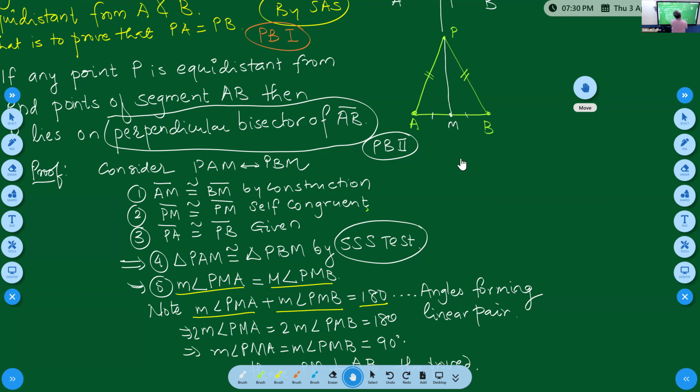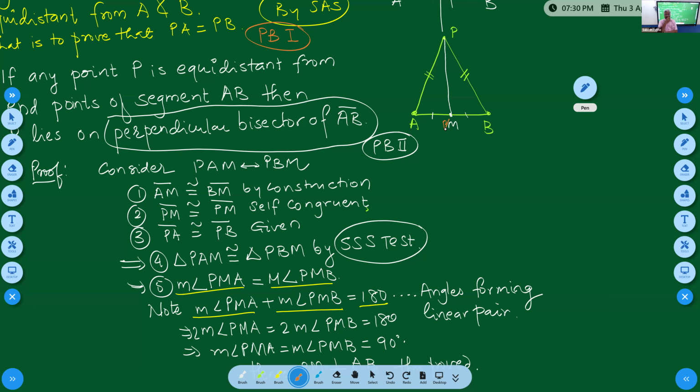If P and M coincide, then we can draw infinitely many lines. Yeah, but then we are supposed to show that it lies on the perpendicular bisector. So this is P, and P coincides with M. It is the midpoint, so P lies on the perpendicular bisector.